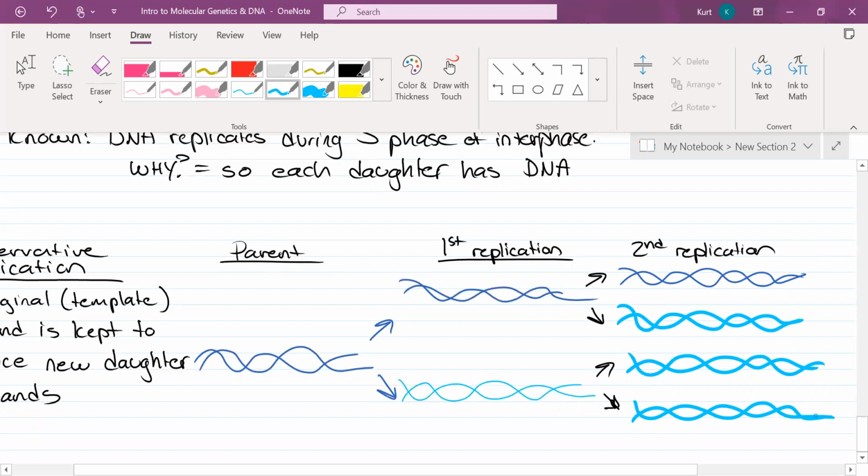So you can follow where the original strand came from and how it moved on from stage to stage of replication to replication to replication.